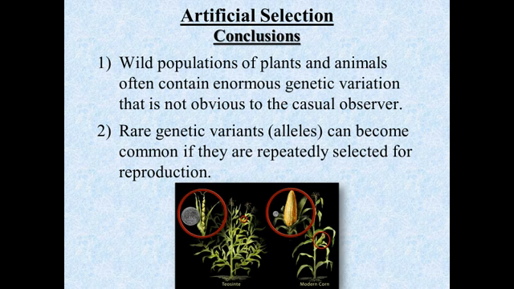And again, just by selecting for these, this type of plant is now much more common than this type of plant. You're much more likely to run into one of these than you are into one of these. Two important conclusions from what we can observe and what we know about artificial selection.